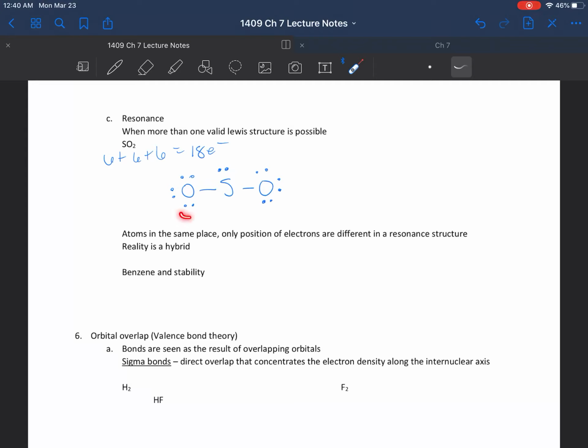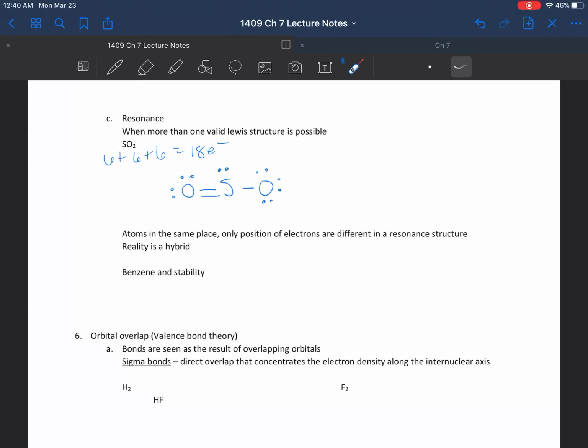When I don't have enough, remember I want to share so that I can complete the octets. So I'm going to erase that lone pair and draw in a multiple bond. Now this oxygen has 2, 4, 6, and 8. Sulfur has 2, 4, 6, and 8. And this oxygen has also got a complete octet.